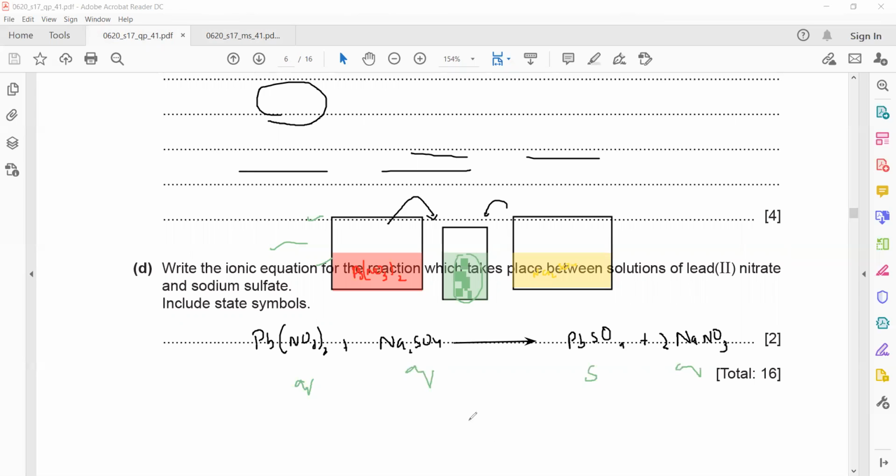So here lead sulfate is a solid, and we cancel out the common ions. Nitrate ion is aqueous on both sides, cancel. Sodium ion is aqueous, cancel. So you're left with the lead ion, which was +2 as already mentioned in the question, and you're left with the sulfate ion, which is -2. So lead plus sulfate gives lead sulfate.